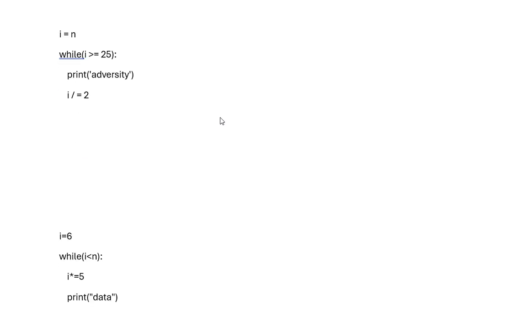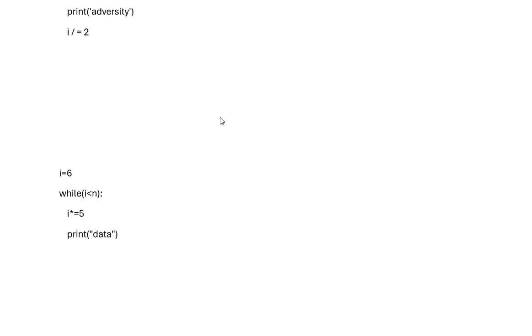Okay, now let's go ahead and we'll look at another one. So here we have i initialized at 6. While i is less than n, and we're going to increase i. We're going to say i equals i times 5. All right, so we're moving through pretty fast.